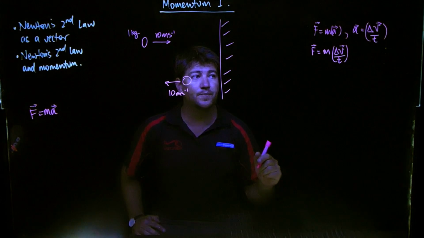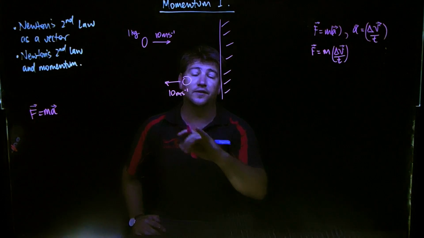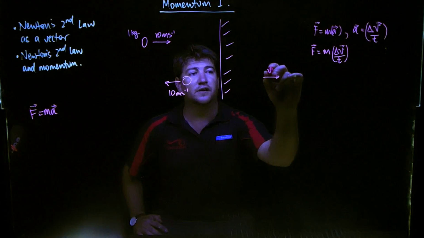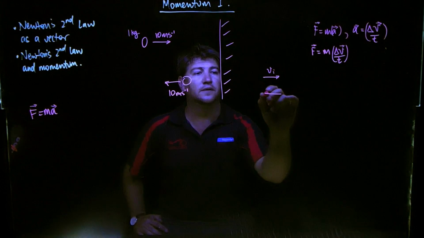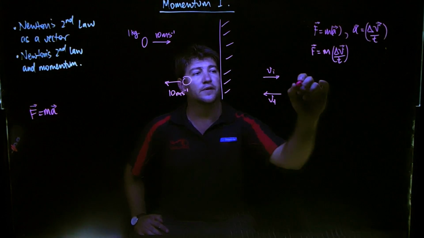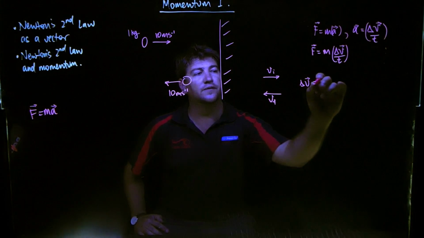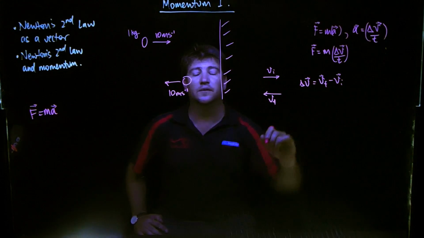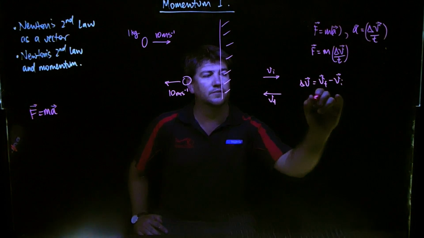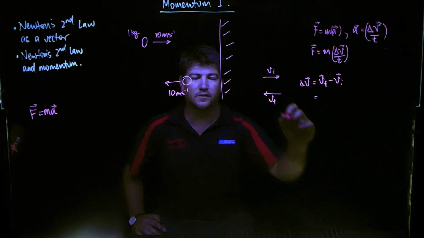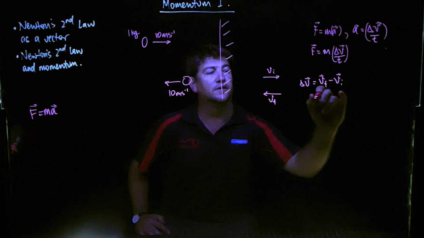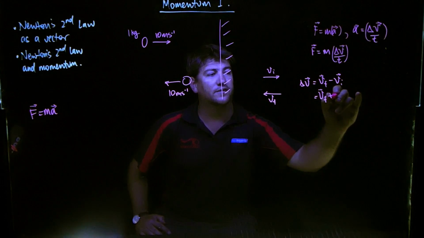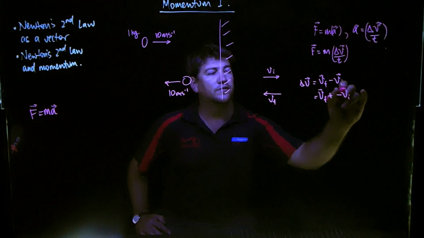A little bit of a hint, these things are vectors. So if we had VI, VF, change in velocity is V final take V initial, or remember from the circular motion part where we had the big circle and it's coming off and the acceleration is towards the center, this is also the same as V final plus the negative of the initial.